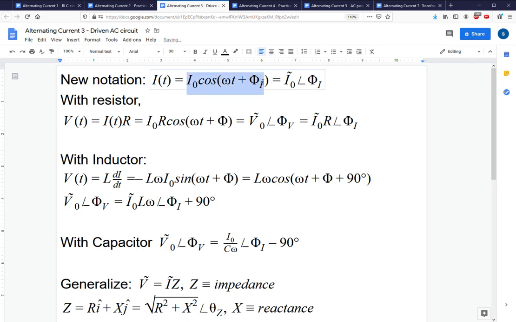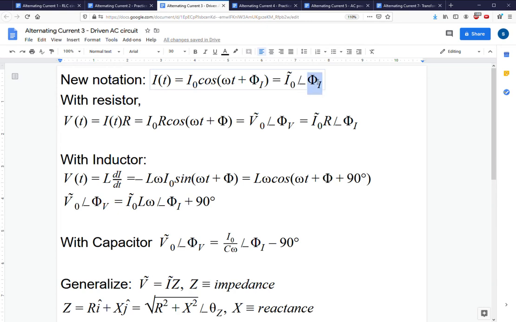Now, because this is quite a mouthful to write, I'm going to use a kind of abbreviated notation. This is represented by I twiddle phi. So this I naught twiddle represents that it has magnitude I naught, and we have a cosine of omega t in it.